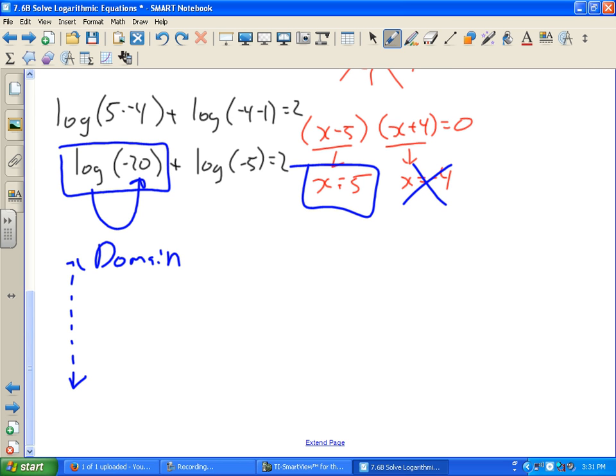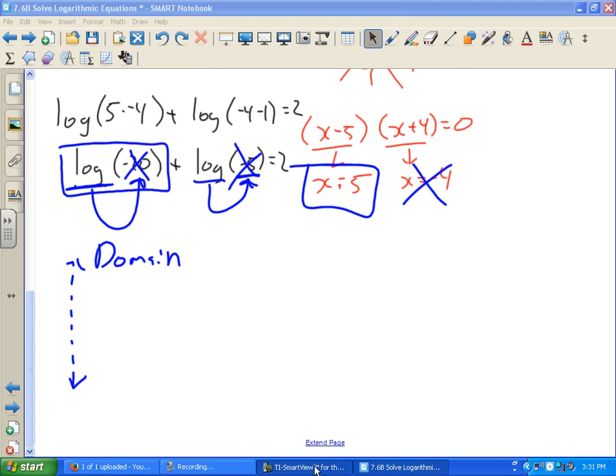In other words, in reality, I can never take the log of a negative number. And since I'm taking the log of a negative number, that's impossible for me to do. That'd be working on the other side of that vertical asymptote. It doesn't exist. We can't do it. So this is an extraneous solution. It's a non-real answer because it doesn't exist. We can't log any negatives.